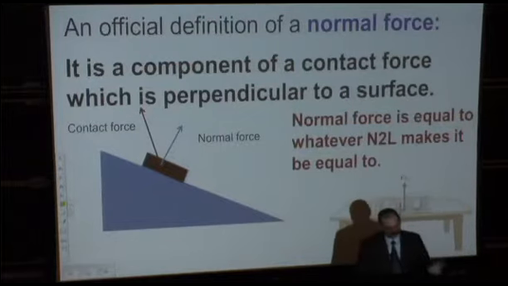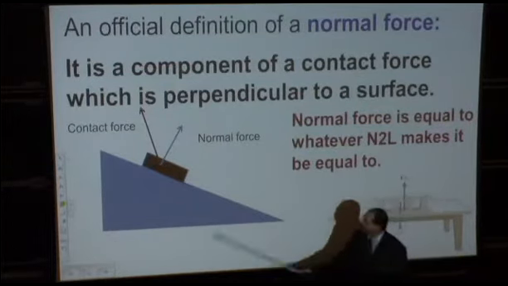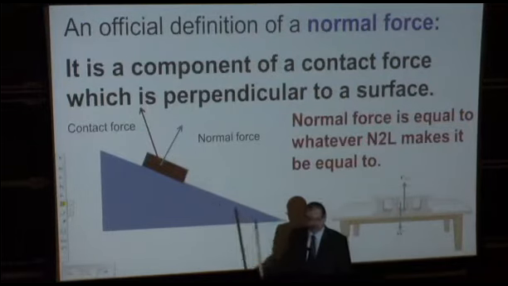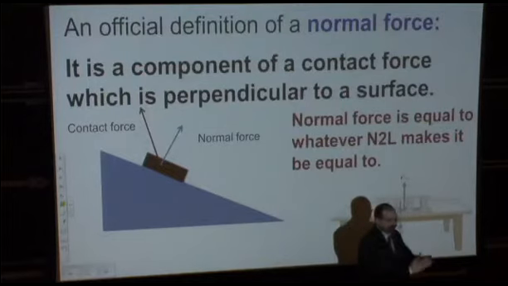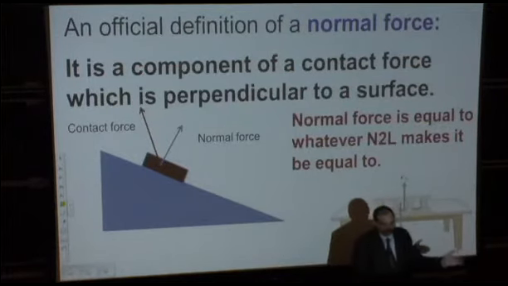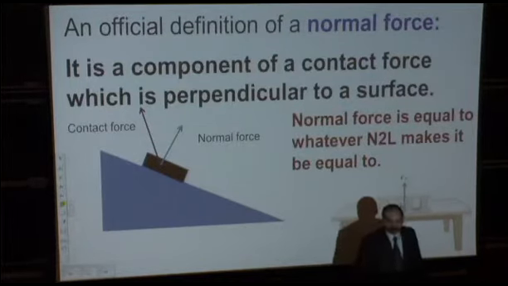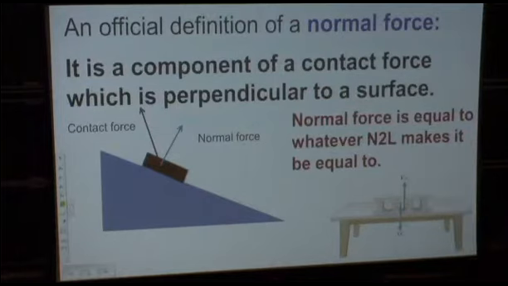Strictly speaking, if we draw a free body diagram, we should draw only the contact force. That's the actual force. But we don't do that. We always resolve it into components. The parallel we call friction, the perpendicular we call normal, and we count them as individual forces.